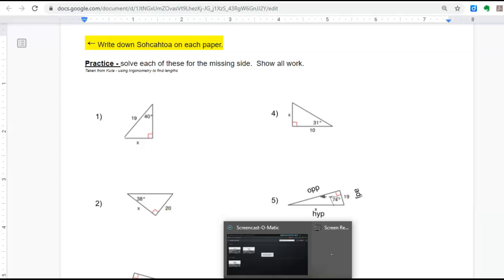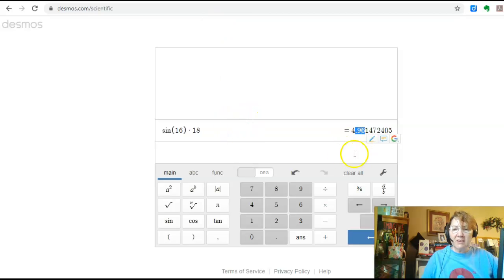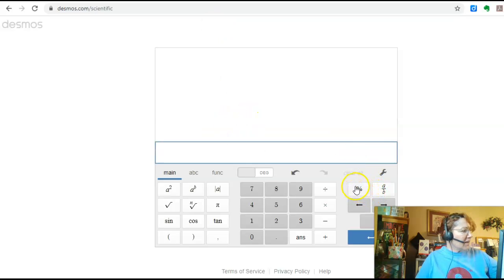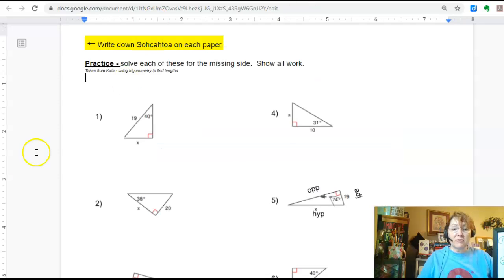In my Desmos calculator, I clear all and type the sine of 40 degrees, and I make sure I close that parenthesis before I say times 19, because otherwise I won't get the right answer. Then I hit enter and get around 12.2. So that's how you would do that first problem.